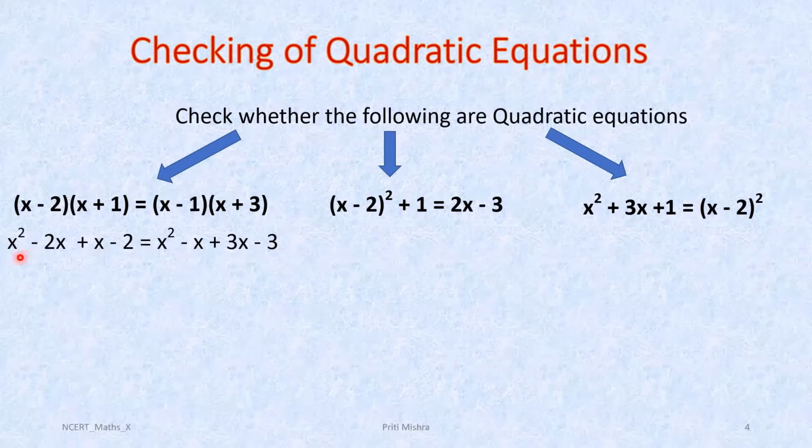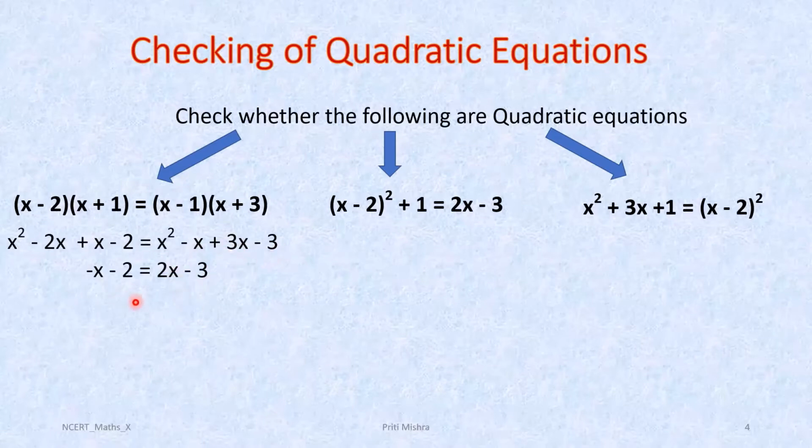Now as you can see, we are having x square with positive sign on both the sides. So this x square will get cancelled out. Here we are remained with minus 2x plus x will be minus x minus 2. Now minus x plus 3x is 2x minus 3.